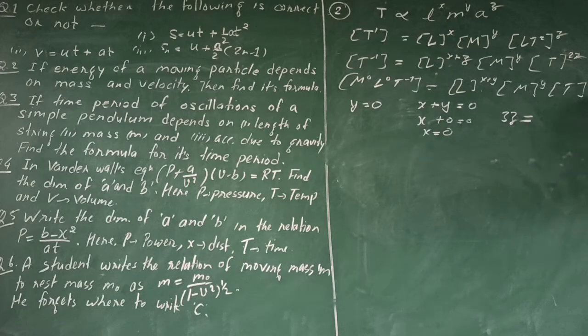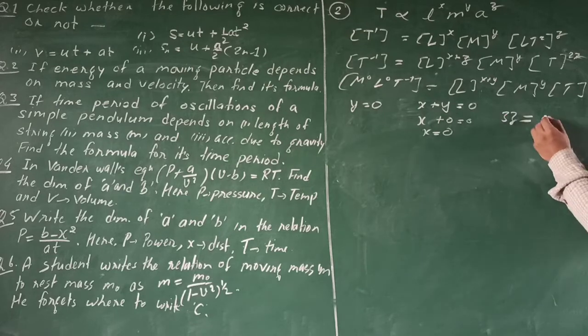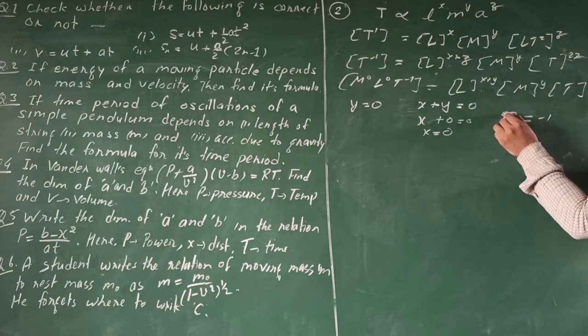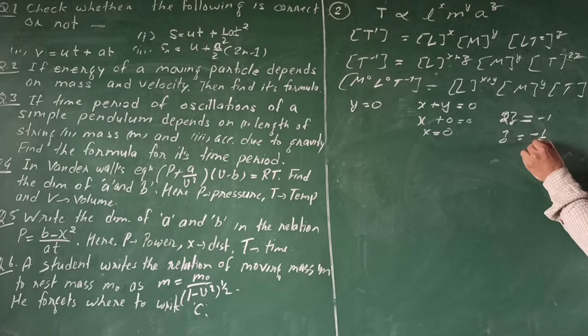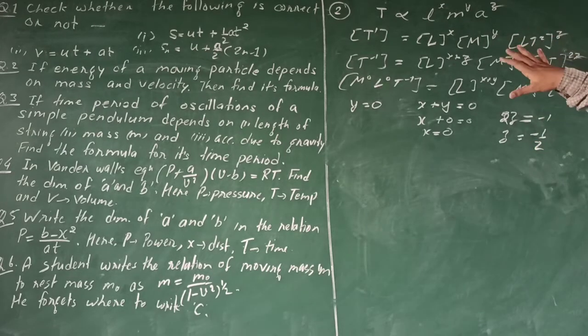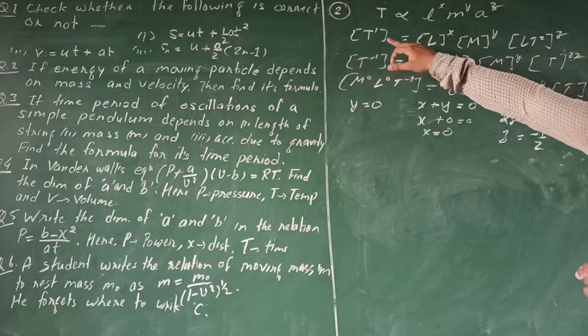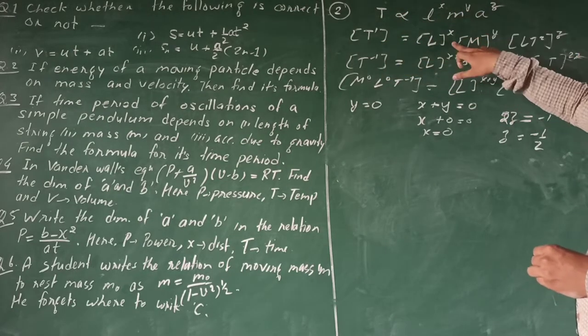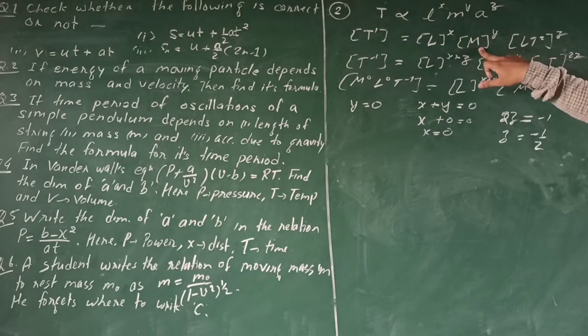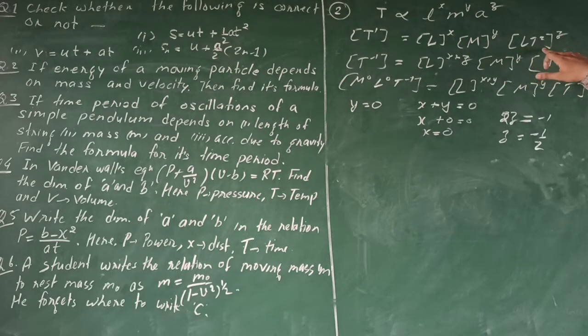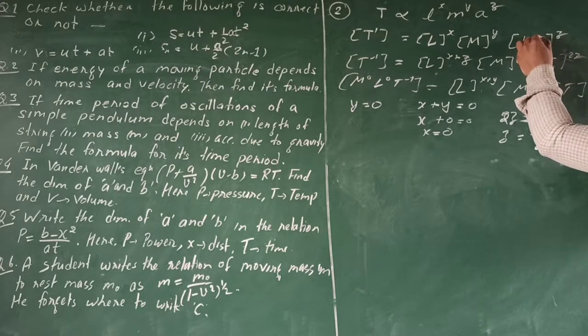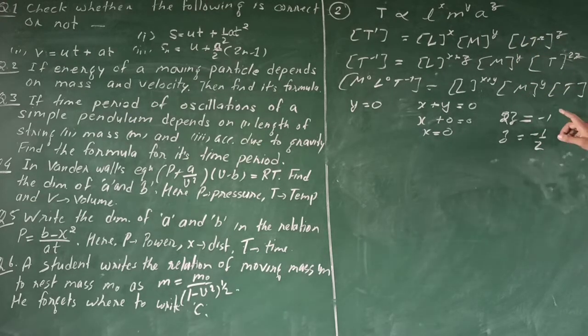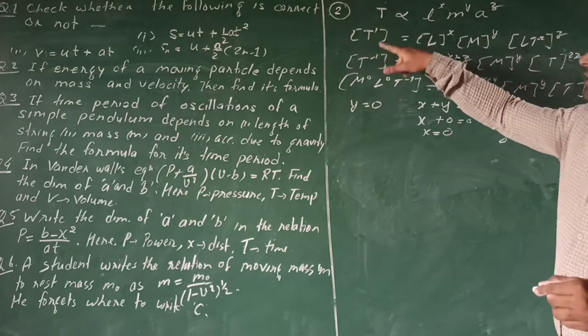Then find out the value of z. 2z equals to minus 1, z equals to minus 1 by 2. Look again, T1 is done. L^x, mass dimension for mass is M, acceleration L T minus 2 for acceleration, and its power is z.